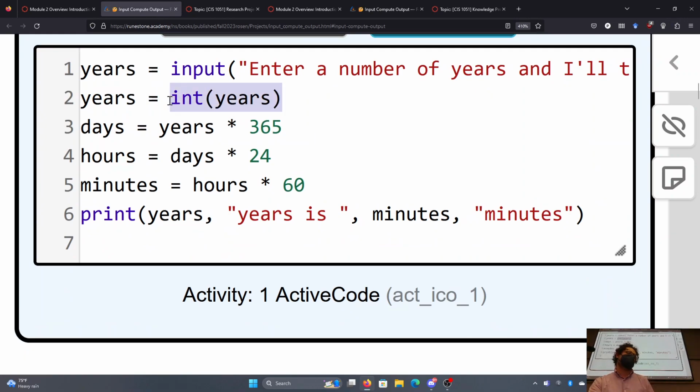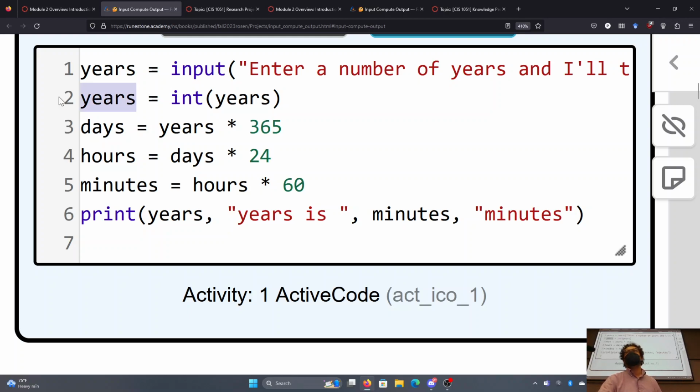Int years is equal to years, which is weird if you haven't seen it before. But what we're doing here is that this input gives us a string. It gives us text, and we store it in the box labeled years. Then we say, I want to take what's in the box labeled years, convert it into an integer, that's what this int function does, and store that in years instead.